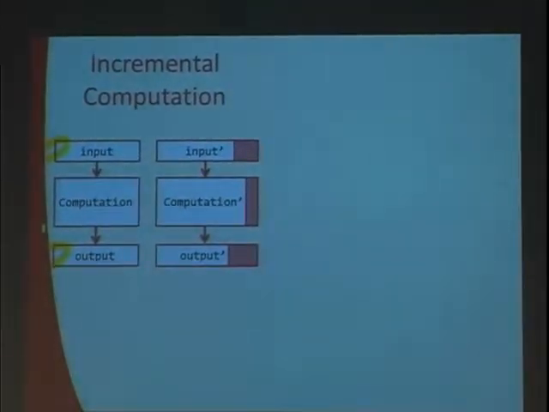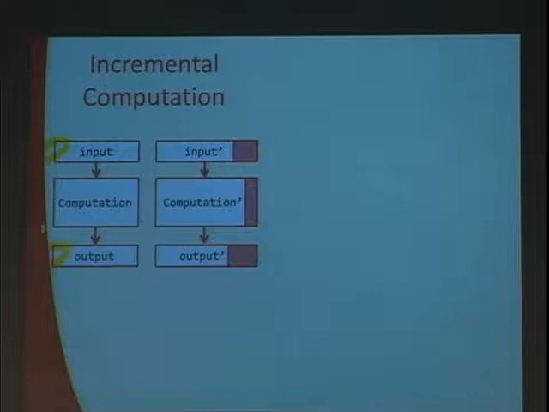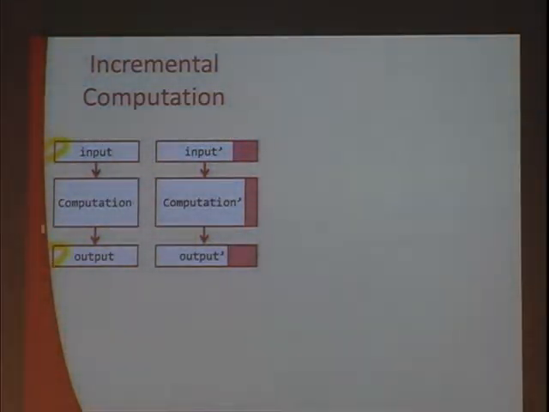Maybe if we're thinking of a sorting algorithm, the input is an unsorted list, and I make a change to just a few elements of, say, a list of hundreds of thousands of elements, and the output is a sorted list. Well, in incremental computation, if little changes to the input result in little changes to the output, then I'd like to reuse most of the computation I did in the previous phase.